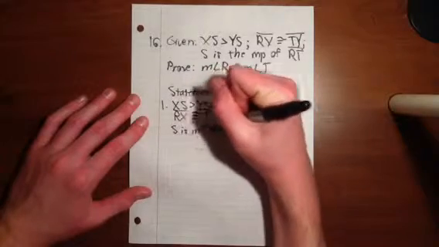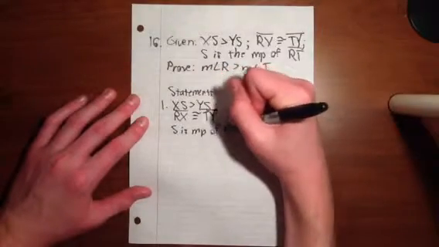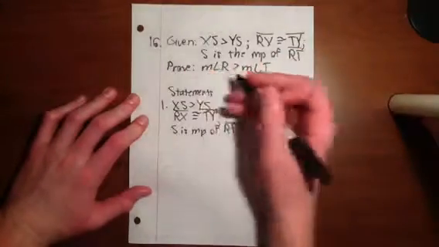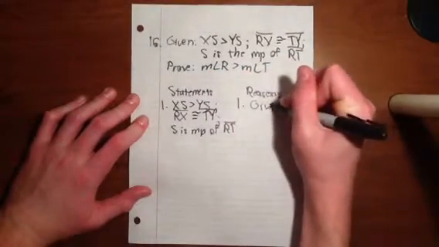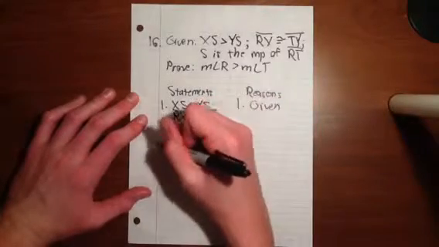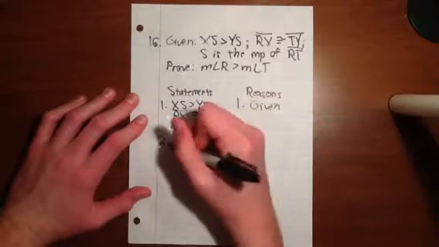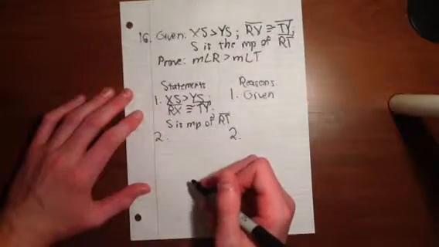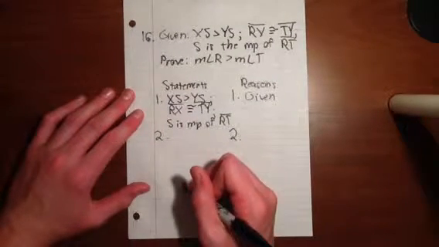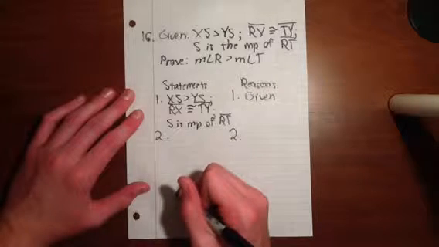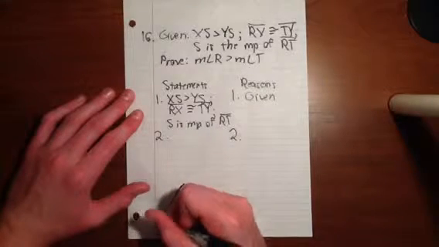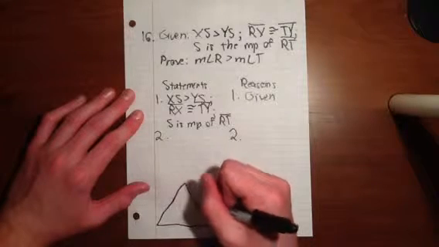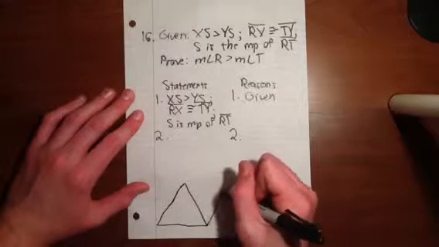Finally, S is the midpoint of segment RT. And the reason was because it was what was given. And number 2. Well, number 2 is basically, if you look at it, what we need to prove. So it's only a two-step proof.